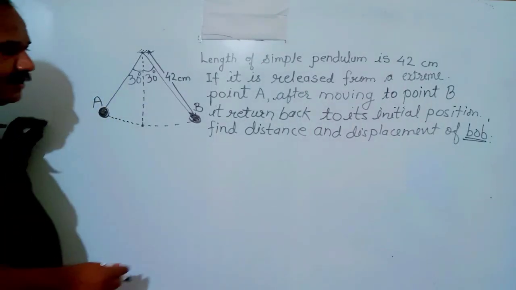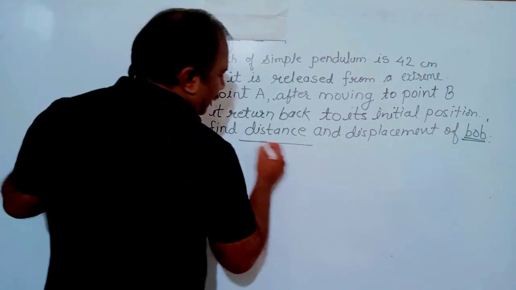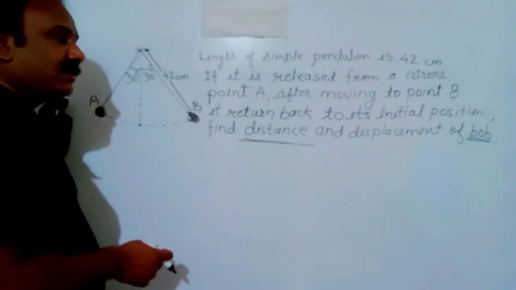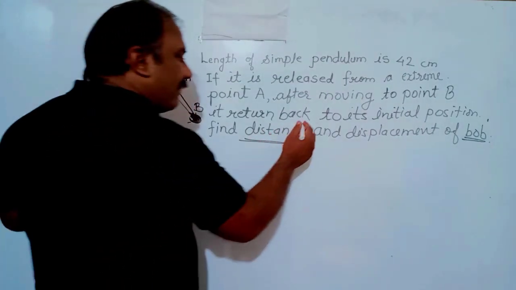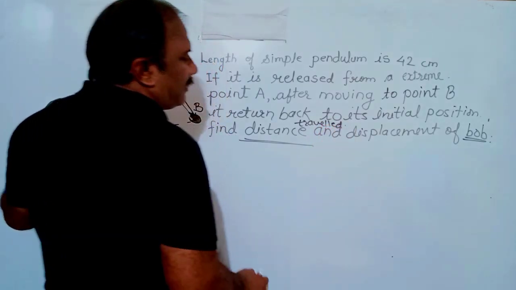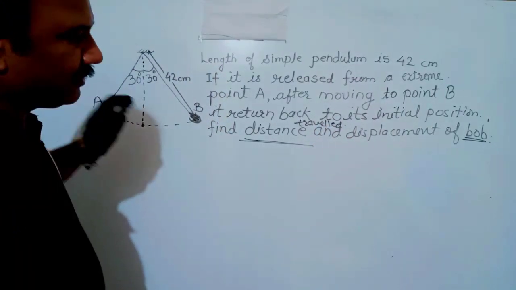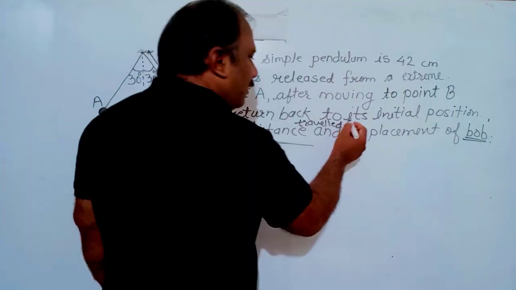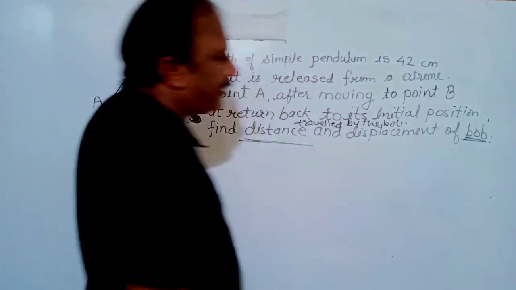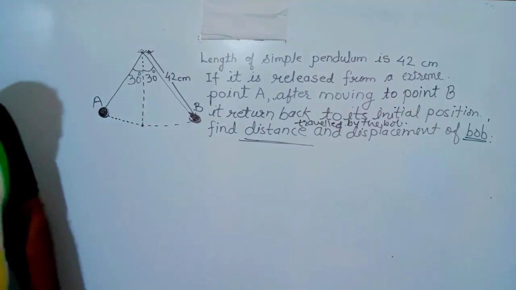Now let us find distance. It returns back to its initial position. Find distance traveled by the bob and displacement of the bob.